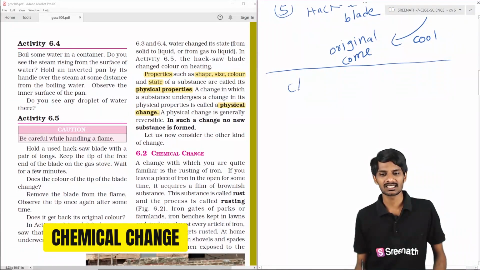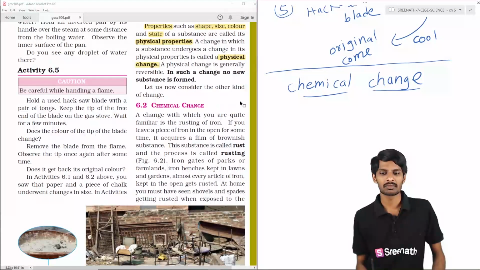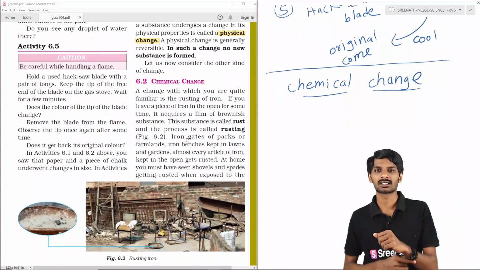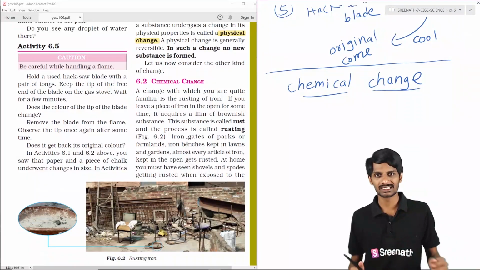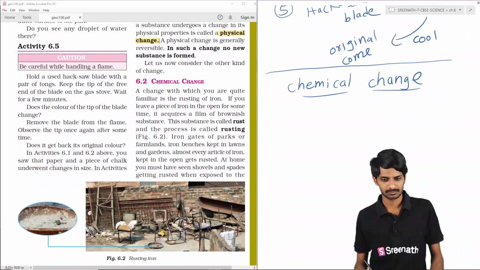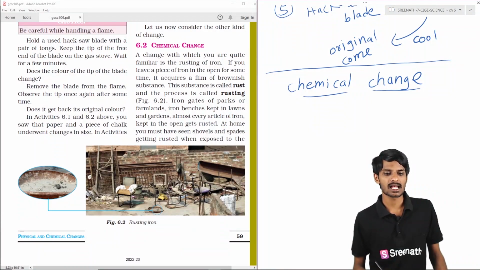So the next thing is chemical change. If the physical properties change, we say that is a physical change. What about the chemical change? We have already discussed the rusting of iron. I told you in the introduction. Take an iron piece and leave it outside. If you see, this is the iron piece, but there is a lot of rust on it.